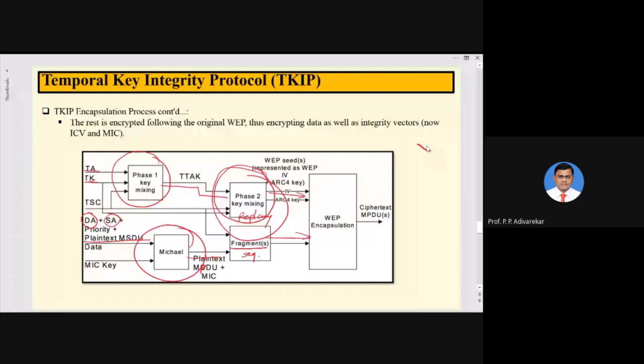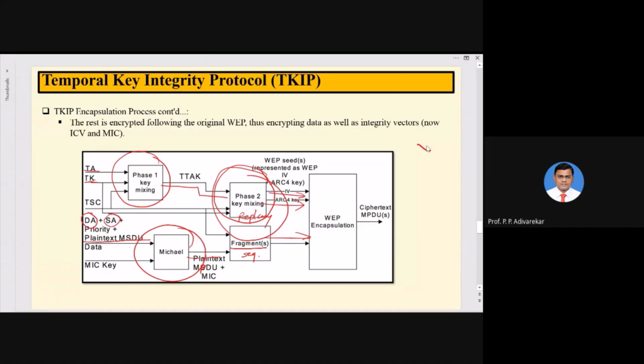So what happens here now? The WEP seed is used for the pseudo random number generator. So the key sequence is obtained from this one. So the seed is obtained for generating the key sequence.